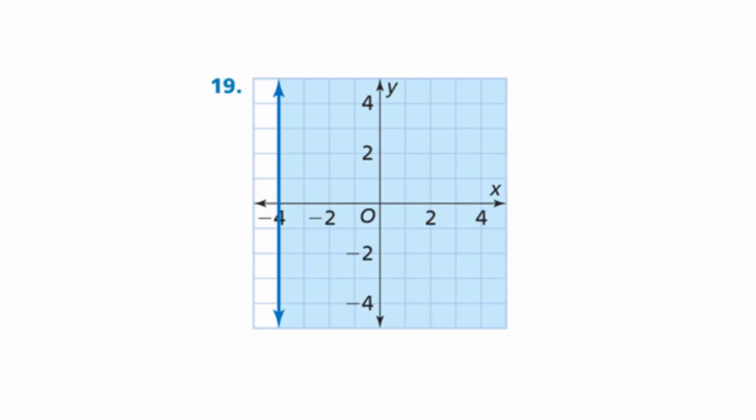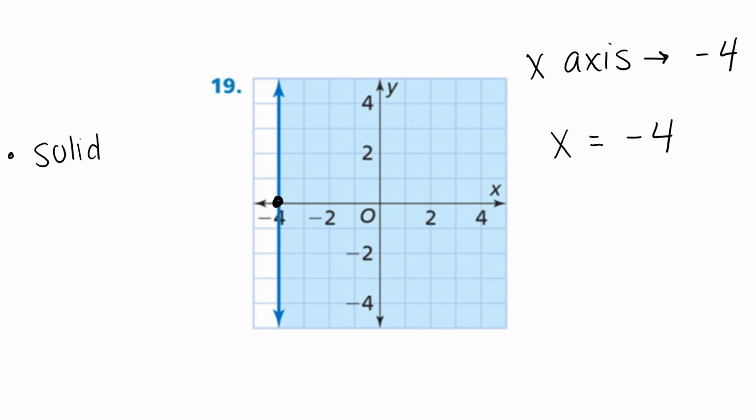For number 19, we want to reference that our point is located on the x-axis at -4. It is not a diagonal line, so the -4 value is the only value that will be used. Because it is on the x-axis, the equation will read x equals -4. Step 2, it's a solid line.